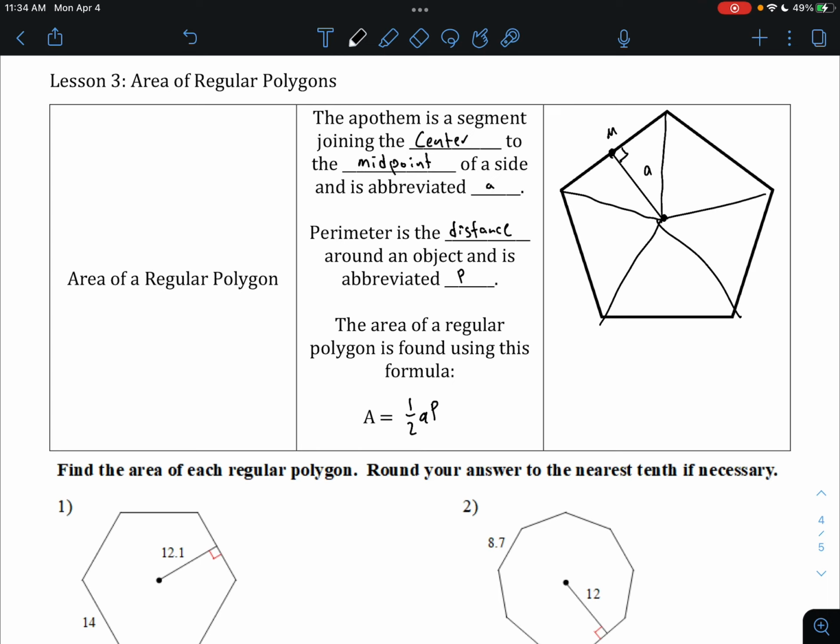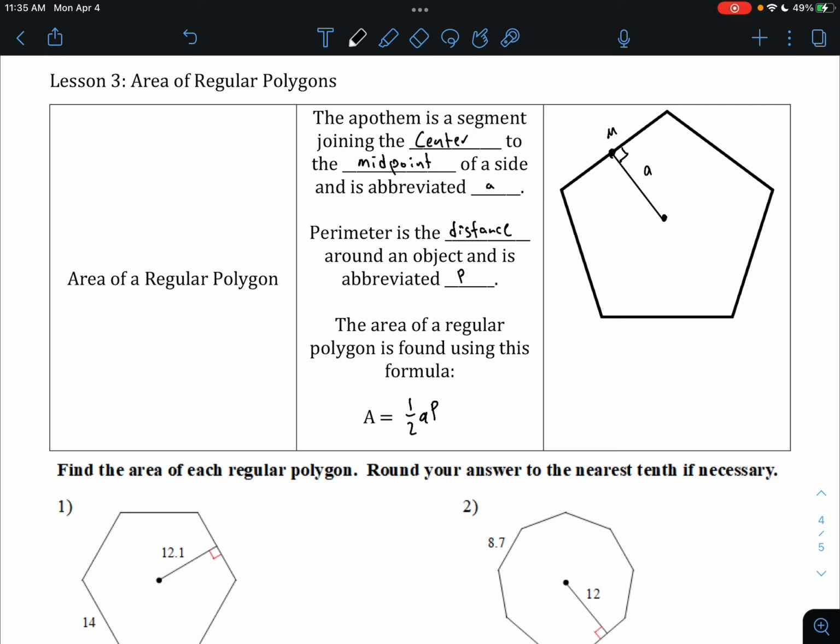So if I find the area of that triangle and I multiply it by 5, that's how I find my total area. And the way to find my total area is with my perimeter. Because to get my perimeter, I find this side and I multiply it by 5.